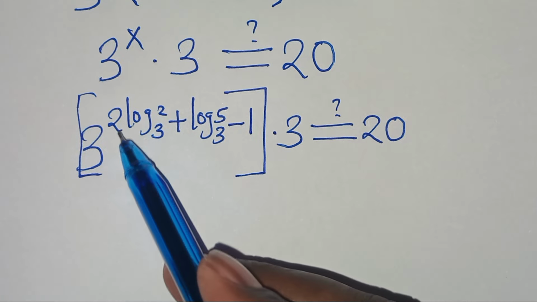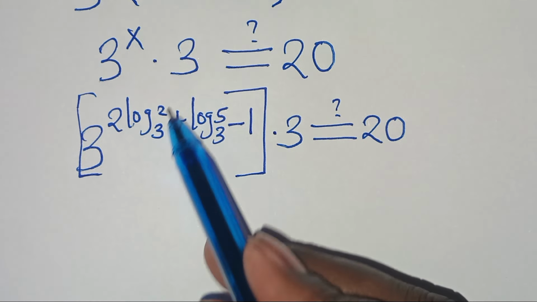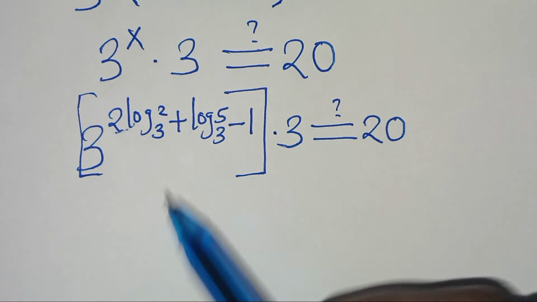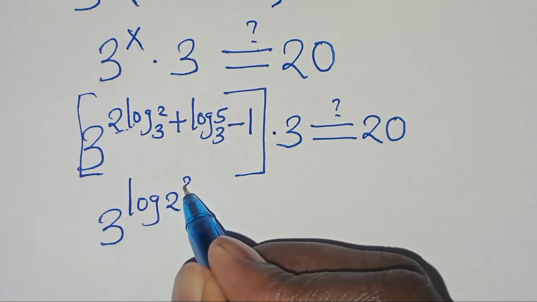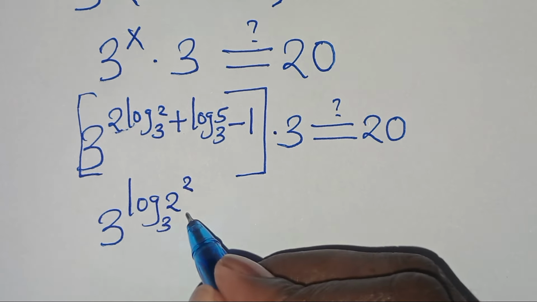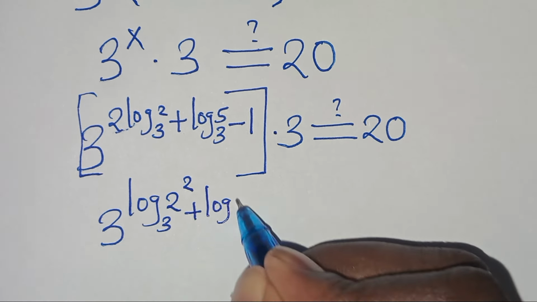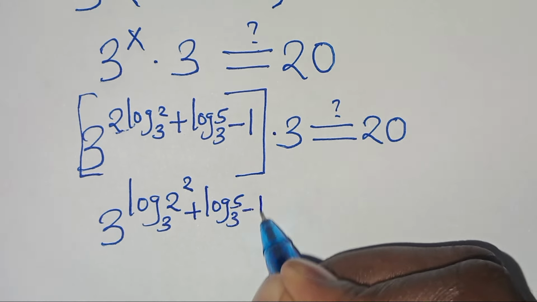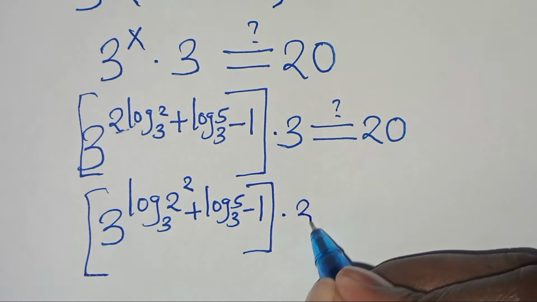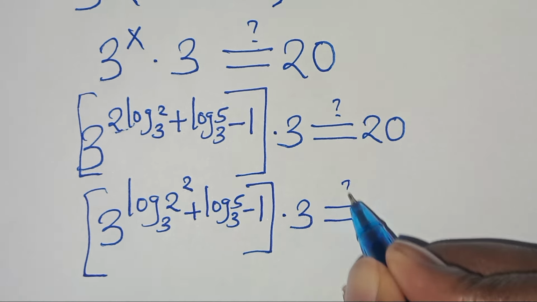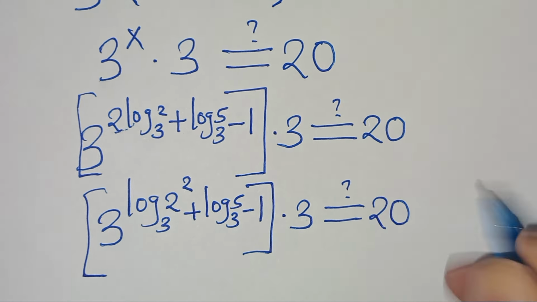Now, in 3 to the power of 2 log 2 to base 3, 2 is a power, so this is the same thing as 3 to the power of log 2 to the power of 2 to base 3, then plus log 5 to base 3, minus 1, everything here multiplying by 3. This is supposed to give us a value of 20.